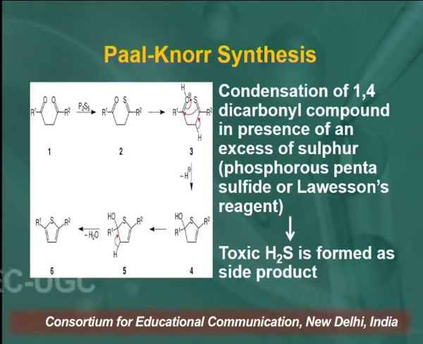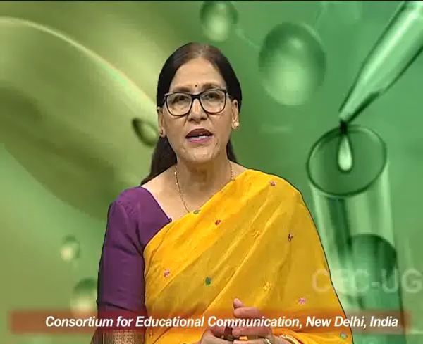We have to use phosphorus pentasulfide, which is also called Lawesson's reagent. Using that reagent, we can get thiophene through the Paal-Knorr synthesis. Here H2S is formed as a side product.